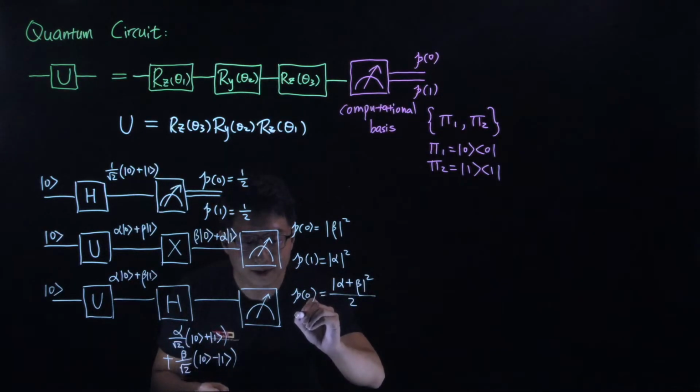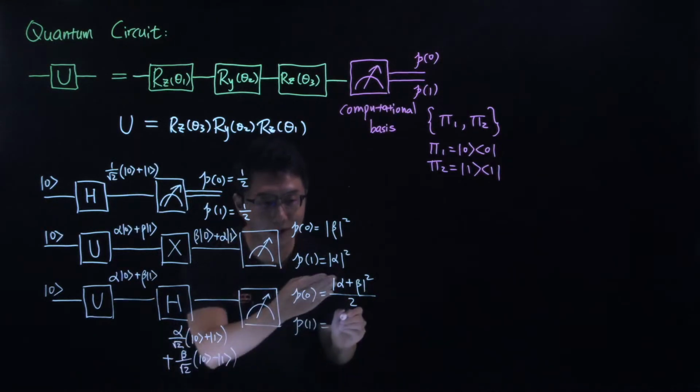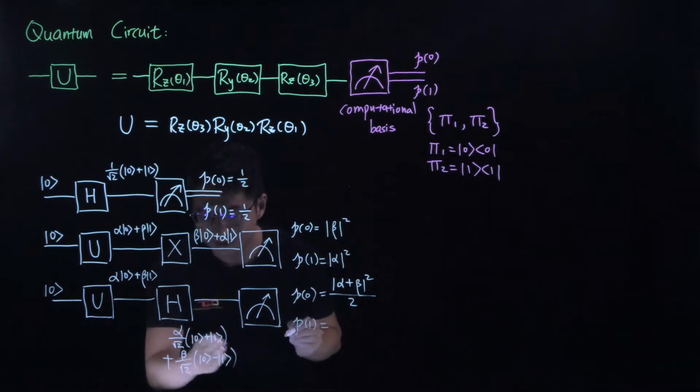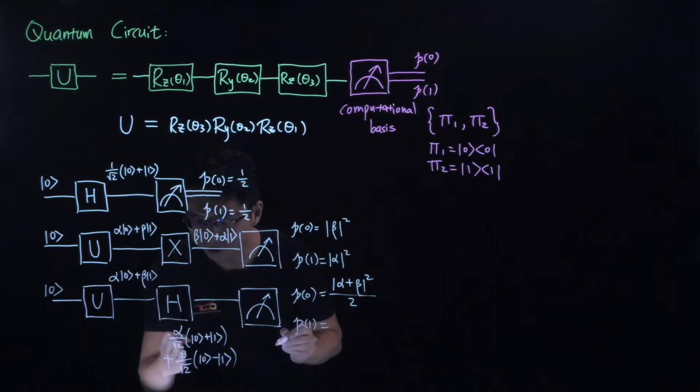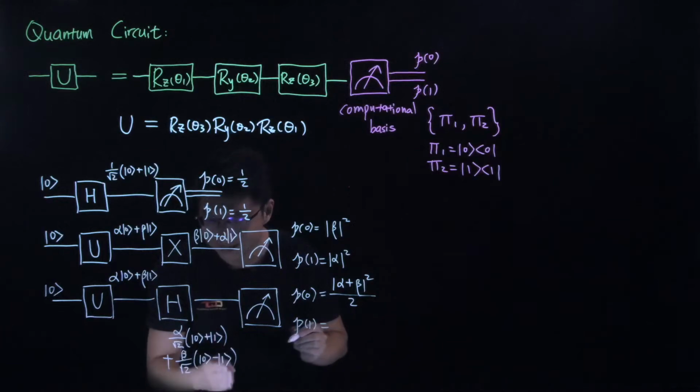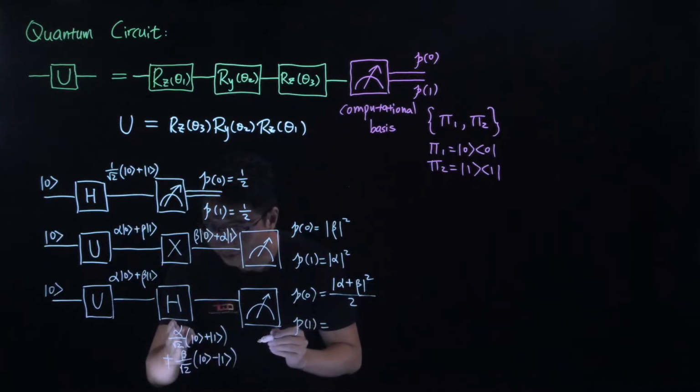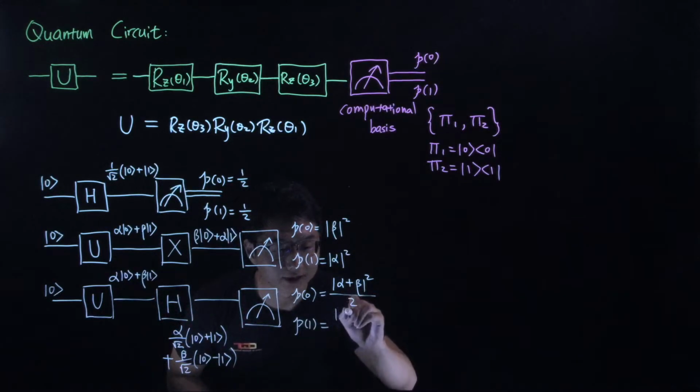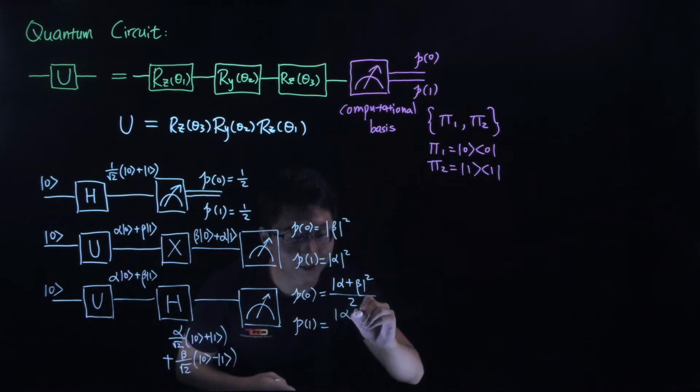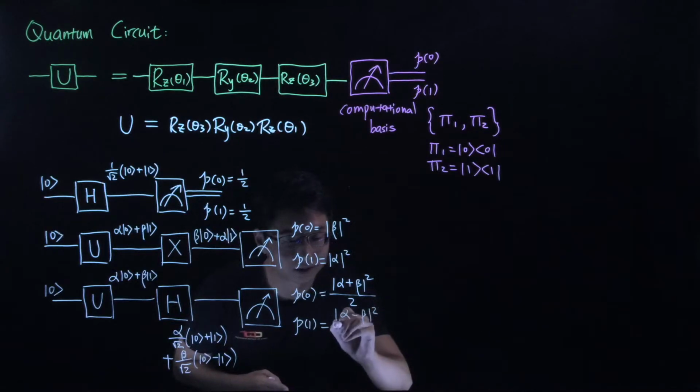For the other probability P1, that should be 1 minus this, and it is given by the absolute square of the coefficient in front of the 1 state. So here we have alpha over square root of 2 minus beta over square root of 2. Hence, we have the absolute value of alpha minus beta, squared, over 2.